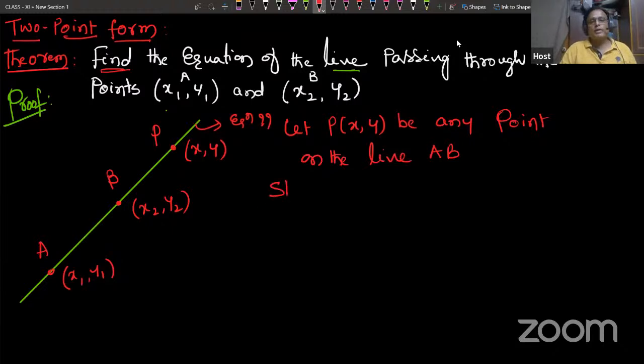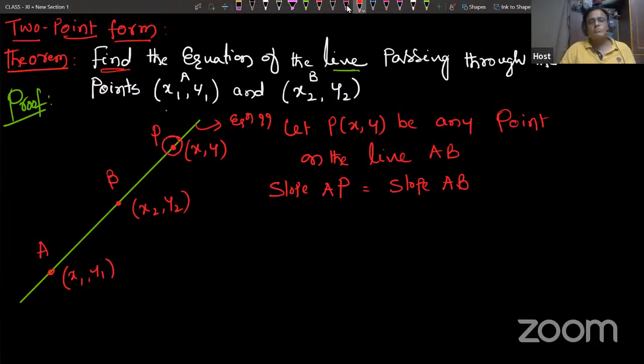Slope of AP is equal to slope of AB. It is a customary rule to find the equation of any path: you have to select the point P(x, y). P is the moving point, or you can think that this green straight path is formed by the road roller called P. This P, the road roller, has created this path.